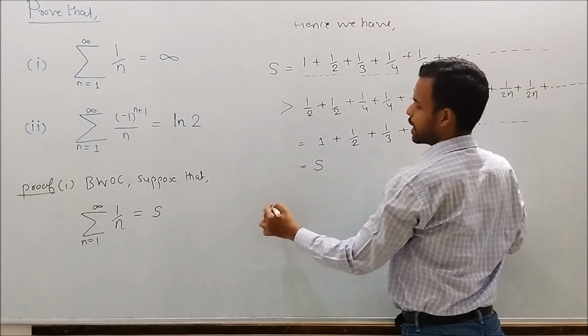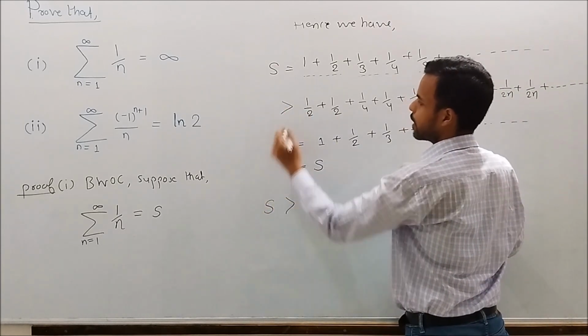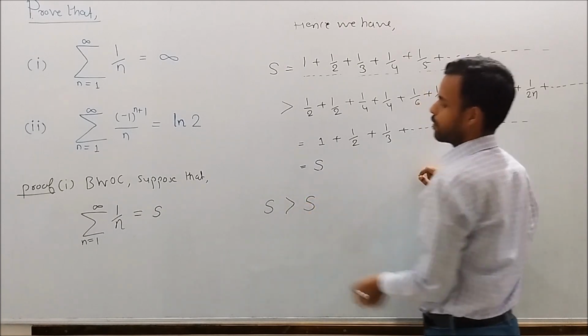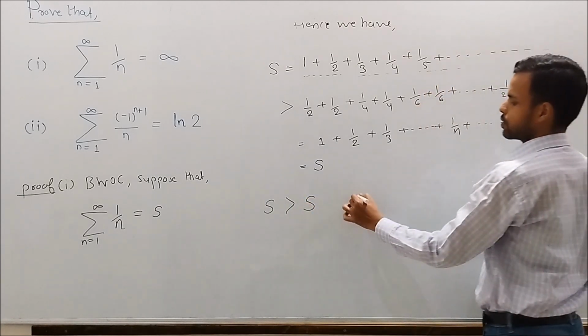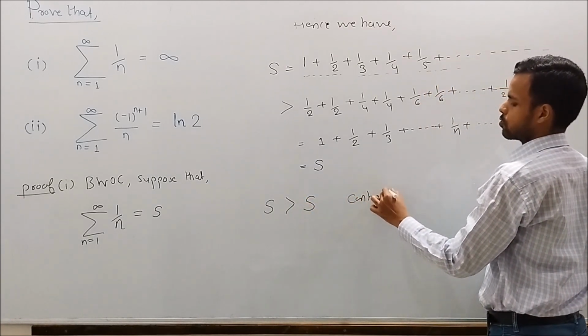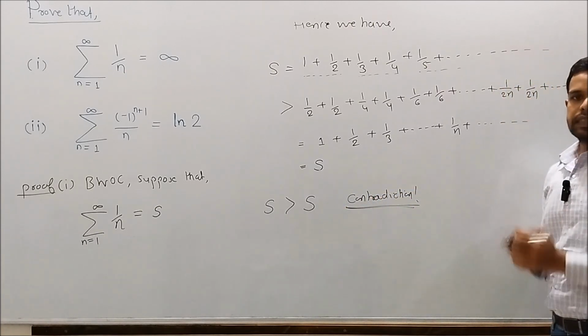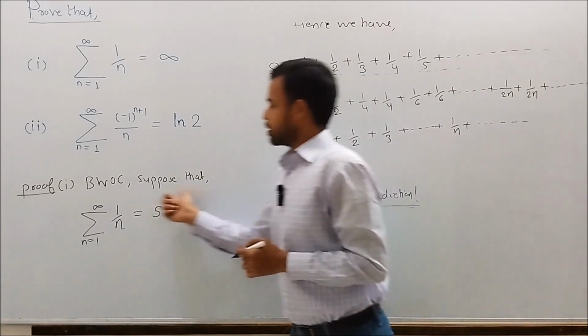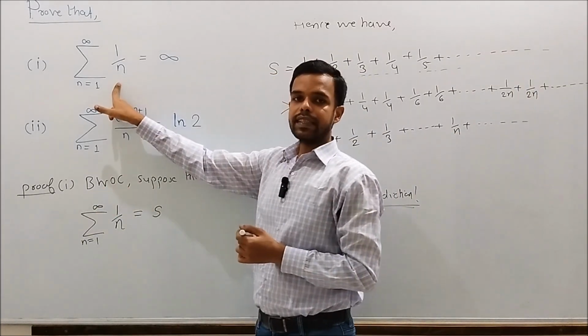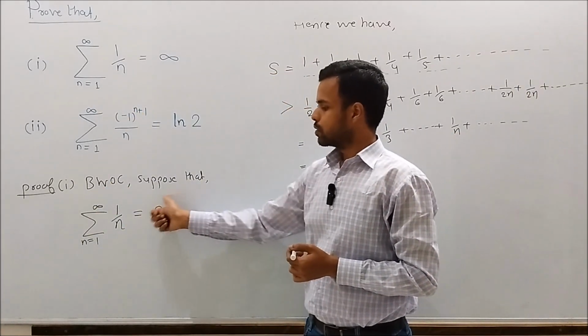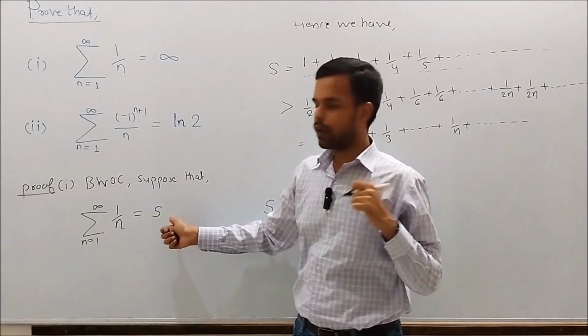So what we get is s greater than s itself, which is a contradiction. Thus our supposition that the harmonic series converges to some finite number must be wrong.